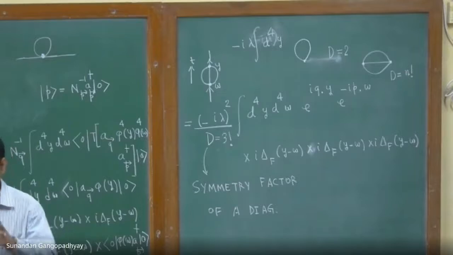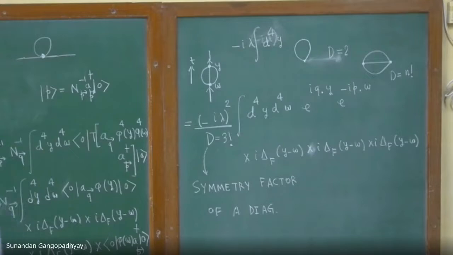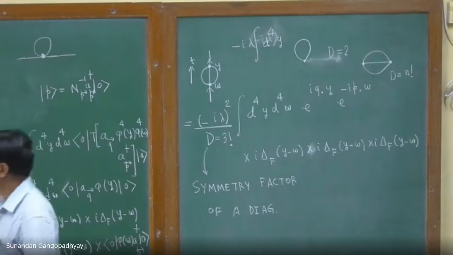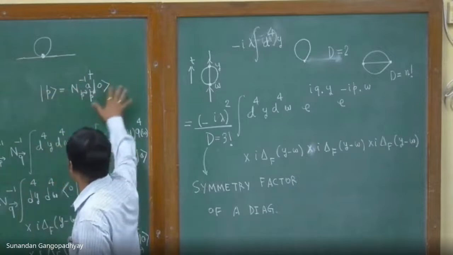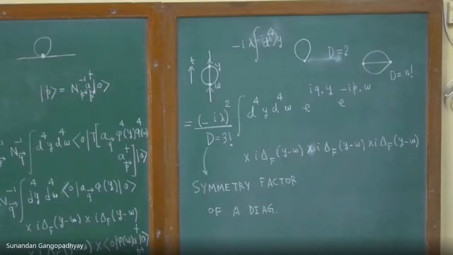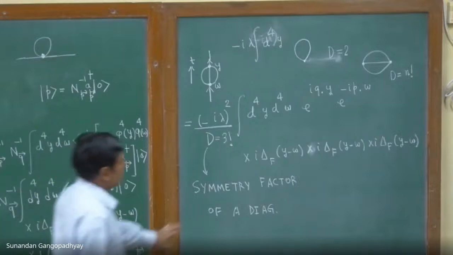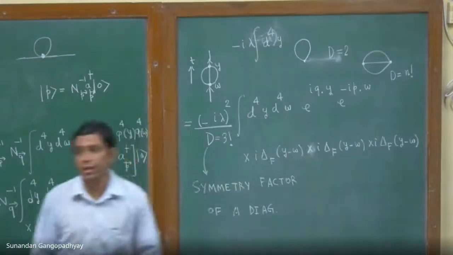You can also keep the normalization factors, or you may also omit them. It depends on the choice of normalization that you take for the states. So let us conclude today's discussion here, and we shall continue from this expression in the next class.